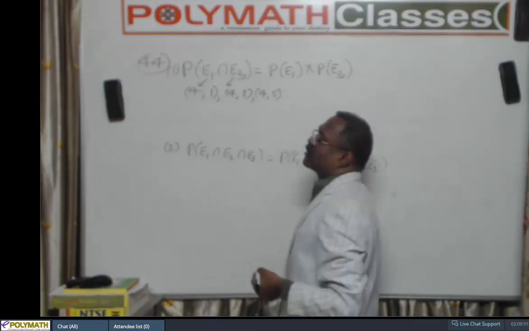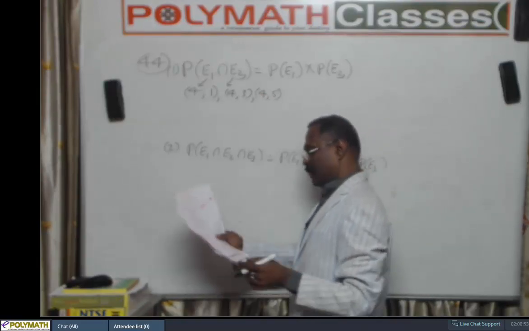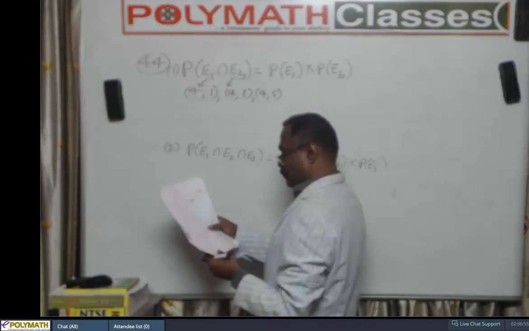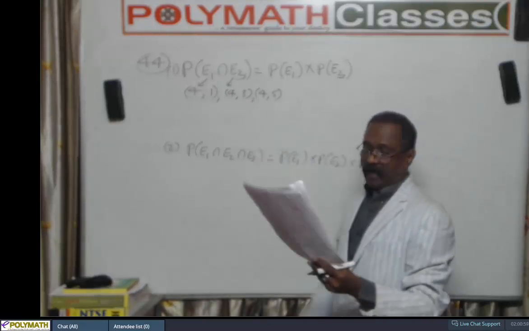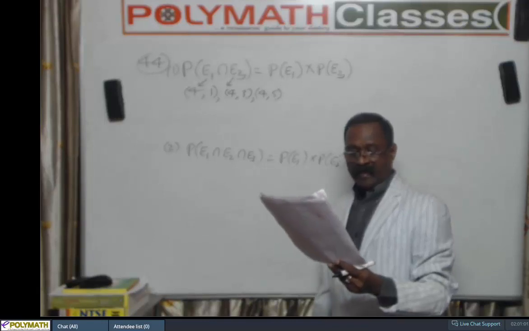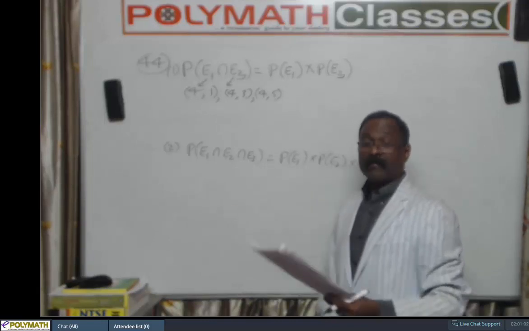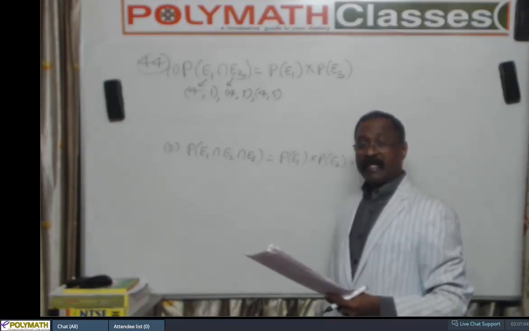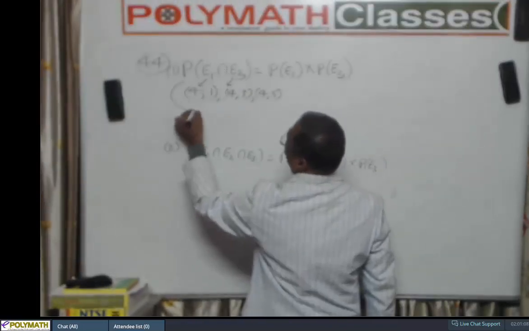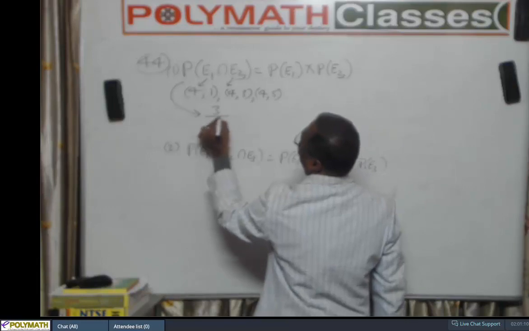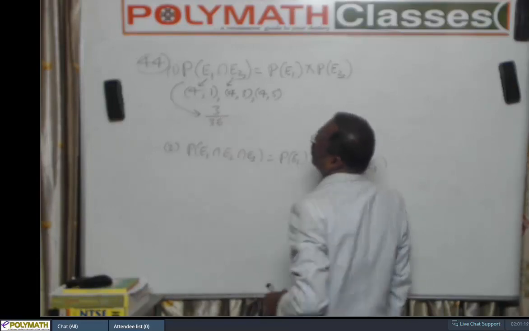So how many such outcomes will you get? It should be 4 1, 4 3, 4 5. How many are these, please? E1 intersection E3 is nothing but 3 divided by 36. So the probability of E1 intersection E3 is 3 divided by 36.